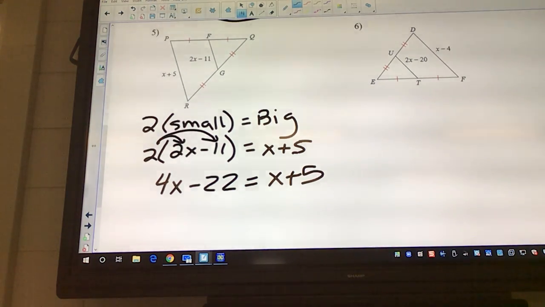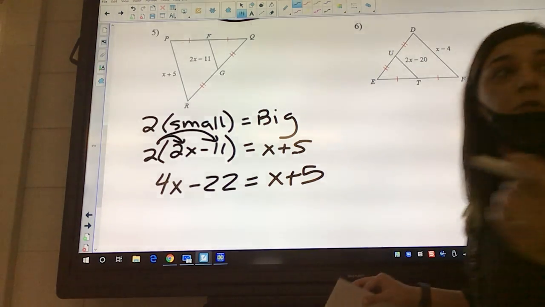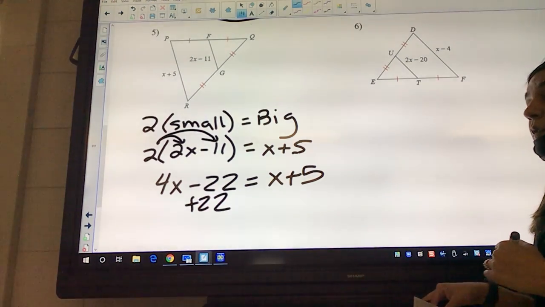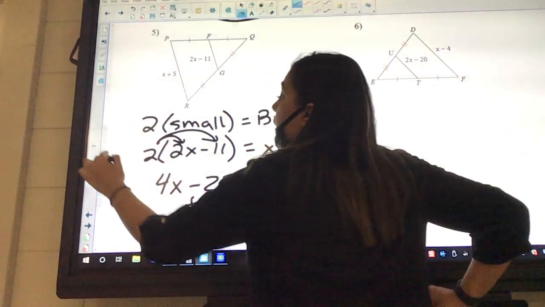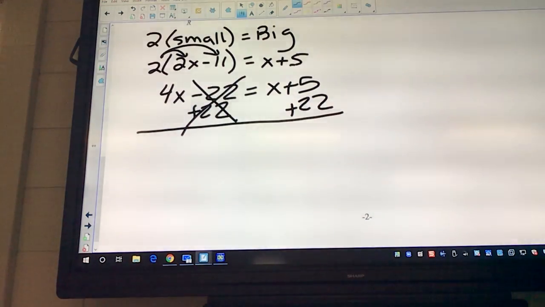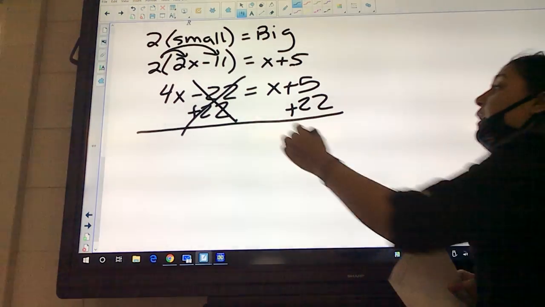Okay, and what's our next step? Add 22? Yeah. And what do you put it under? So you're going to say plus 22. Okay, and so these ones cancel. What else needs moved? So you're going to say minus x.